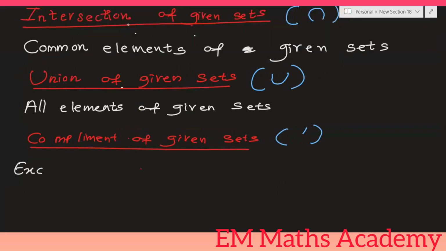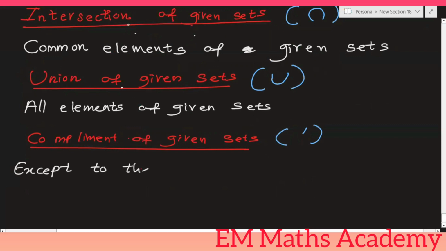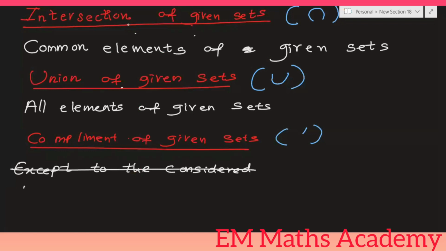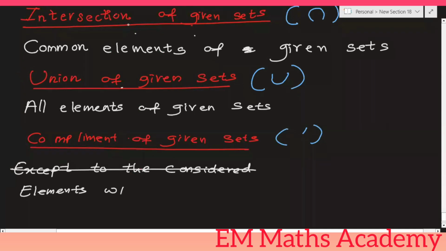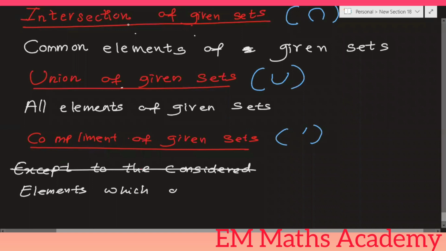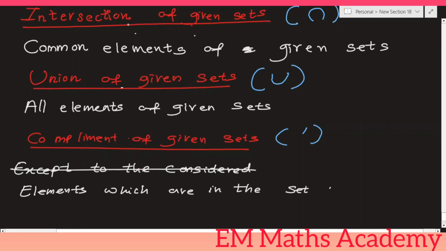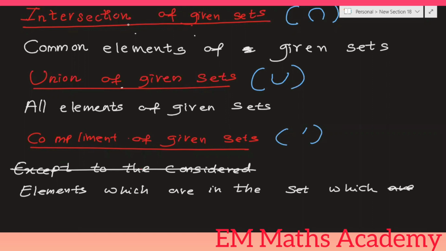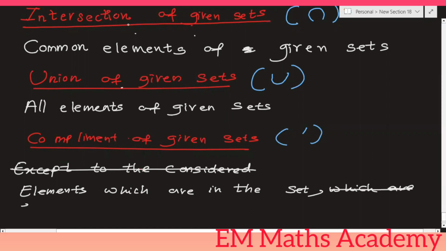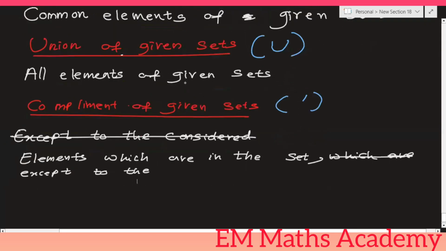We consider the elements which are in the universal set, except those in the considered set.